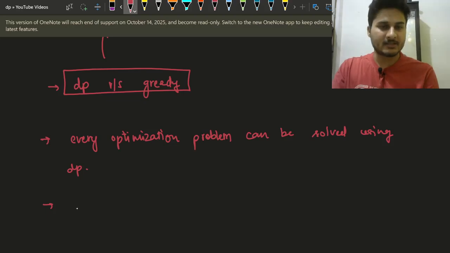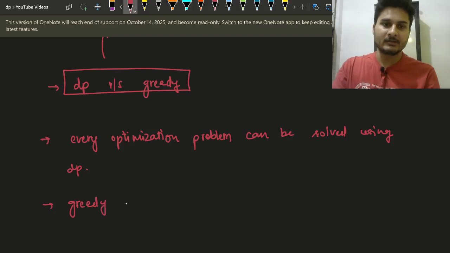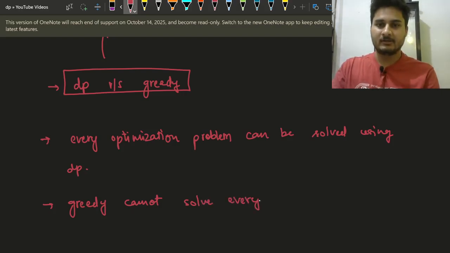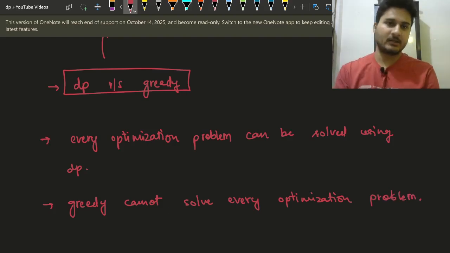So every optimization problem cannot be solved by a greedy algorithm. So greedy cannot solve every optimization problem. So that is one thing to remember.